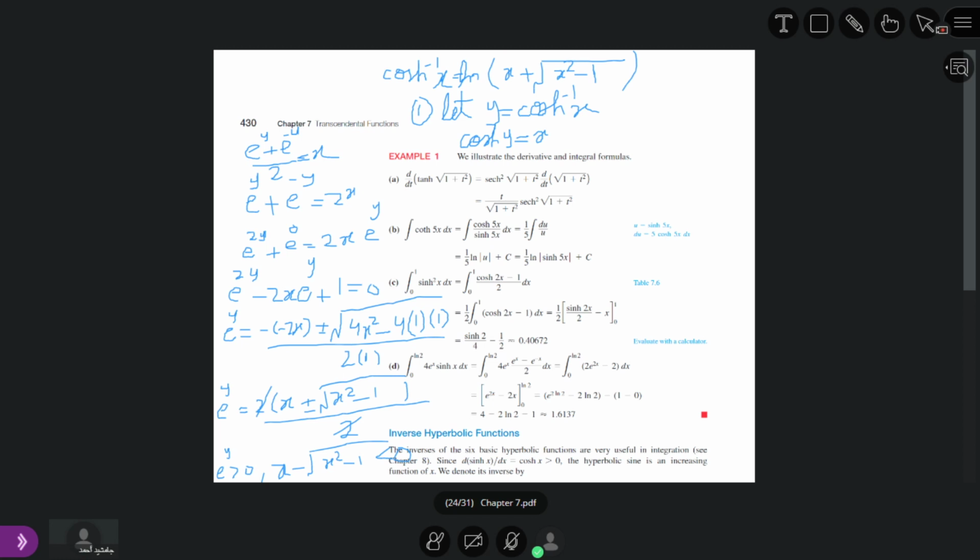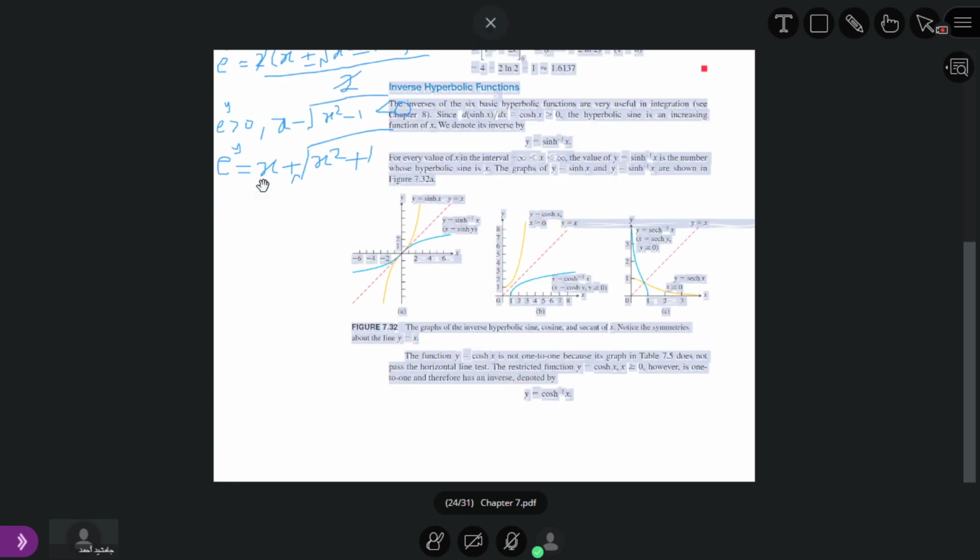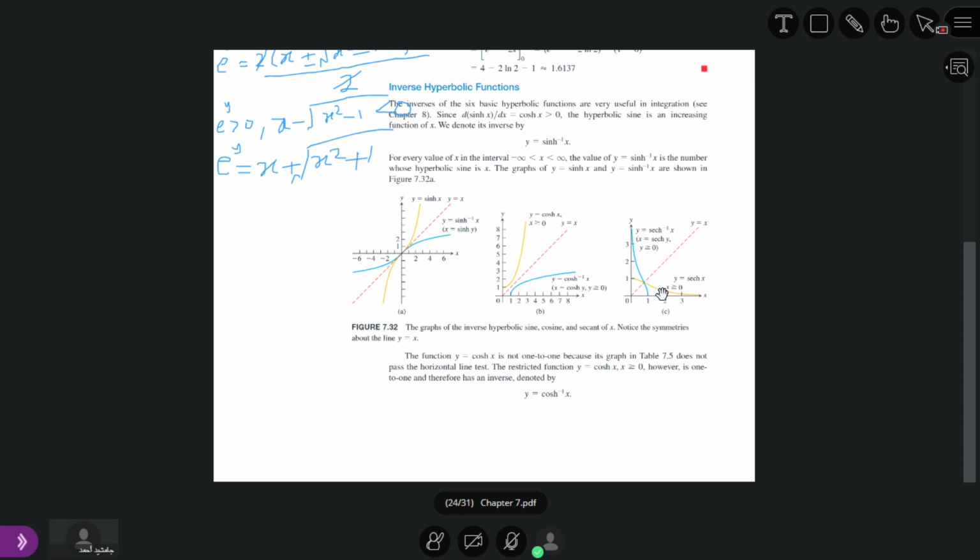So e power y equal to x plus square root of x square minus 1. Now we take log natural on both sides.